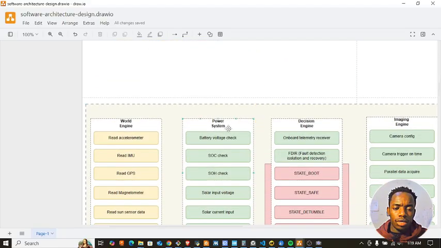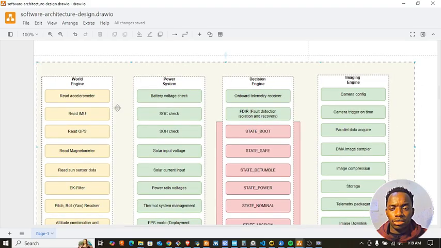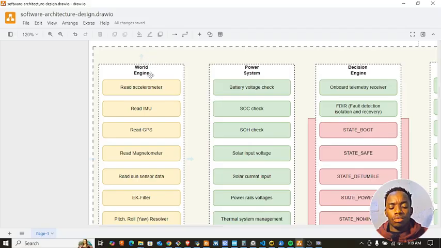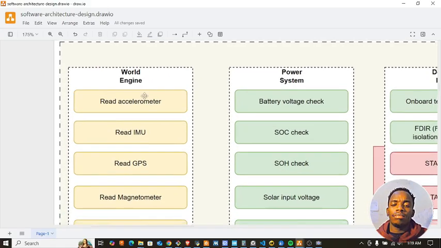So down here, I have tried to list as much as I can without going into too much detail of the implementations of those four engines or what is going to be happening in them. So we have the world engine, which is running on the ADCS subsystem, attitude determination and control system.